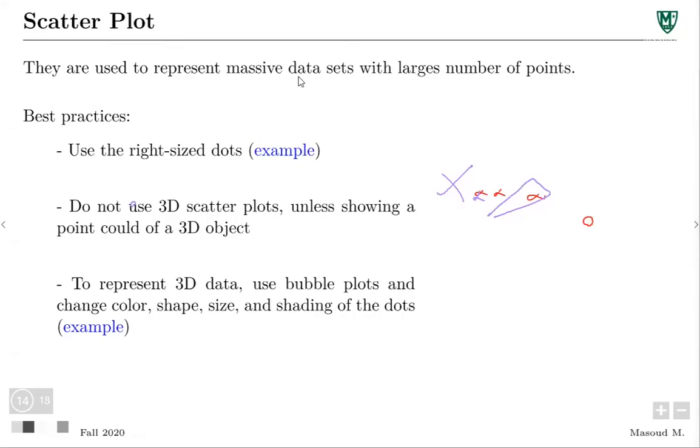Second thing, clear that up. Do not use 3D scatter plots at all. This is a rule. There is only one exception: in engineering, when you do scanning, like laser scanning, for instance, you get a point cloud. That is acceptable.